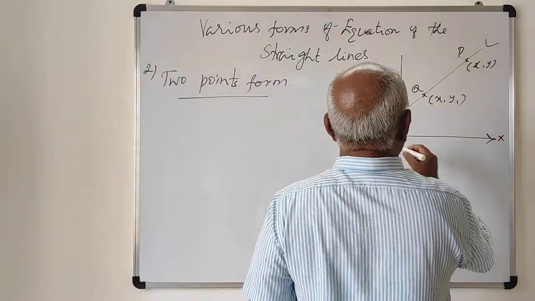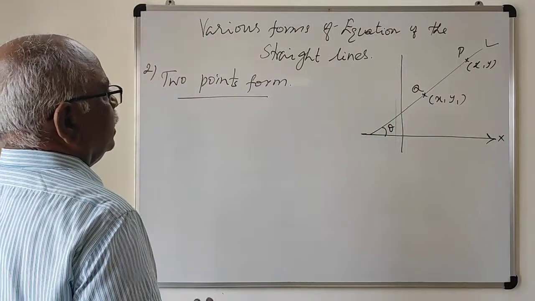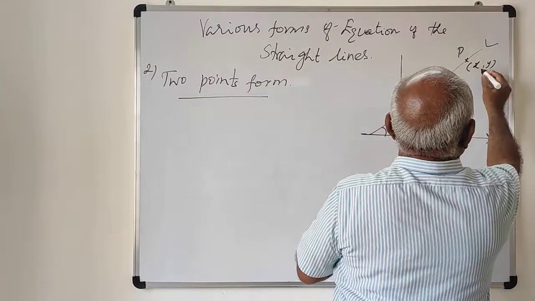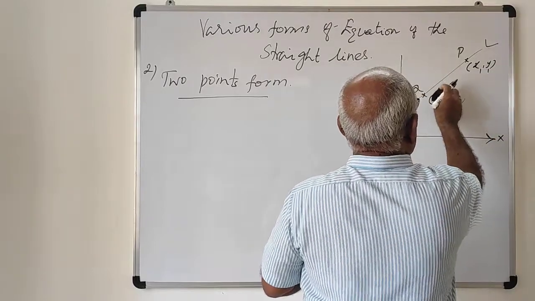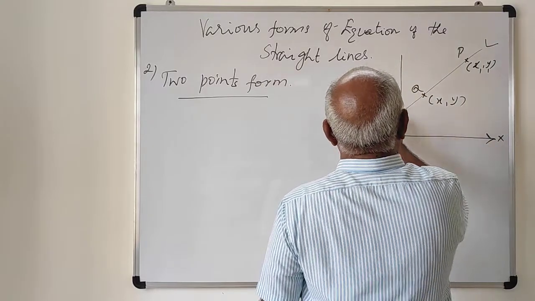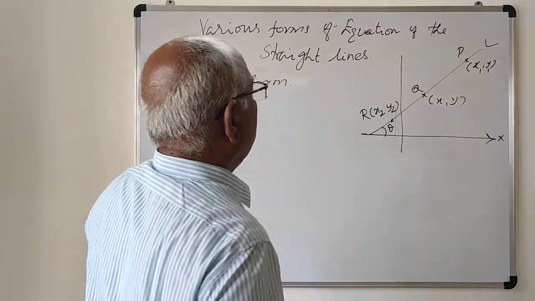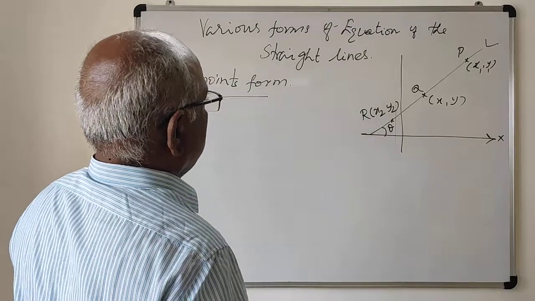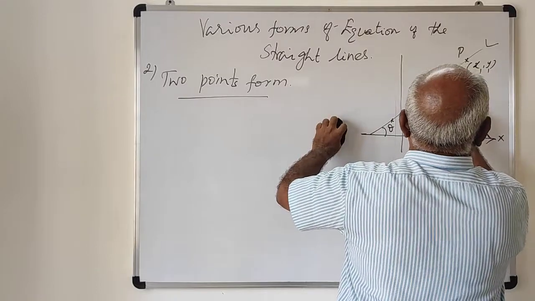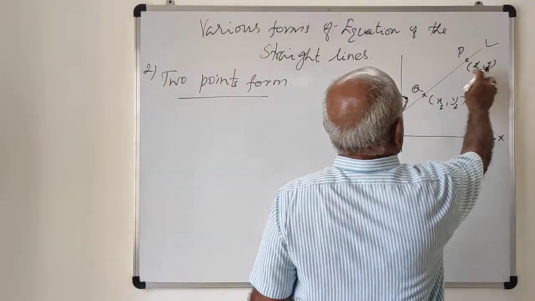See, P(x1, y1) and Q(x2, y2) are two points, and R(x, y) is any point on the line. 2-point form: the equation of a line passing through the points P(x1, y1) and Q(x2, y2).